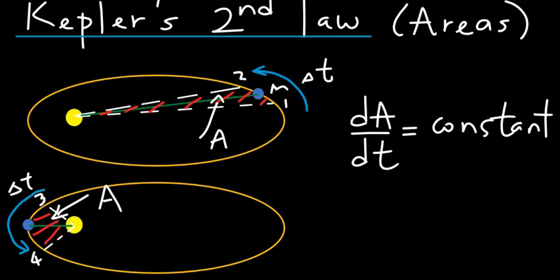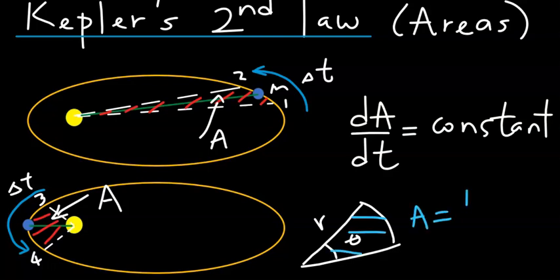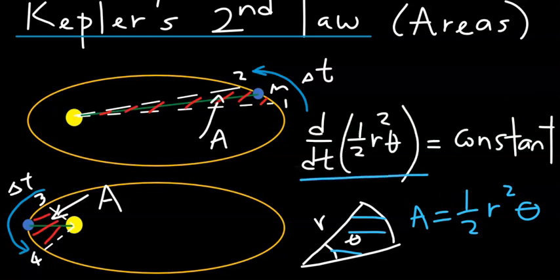We also know from geometry that if you have a slice like that, let's call that angle theta and radius r, then this area A is given by half the square of the radius times the angle in radians. Substituting this expression inside that derivative, we get the following equation that says the time derivative of half r squared theta is a constant.